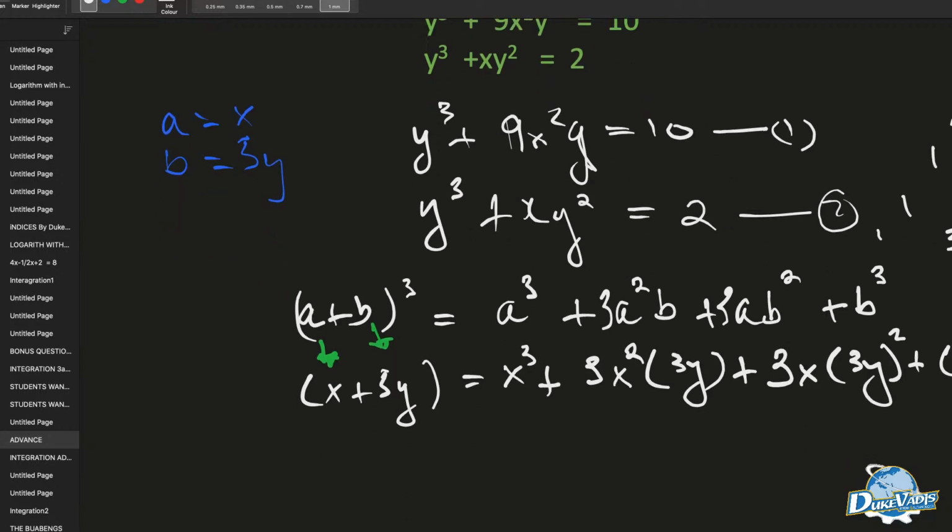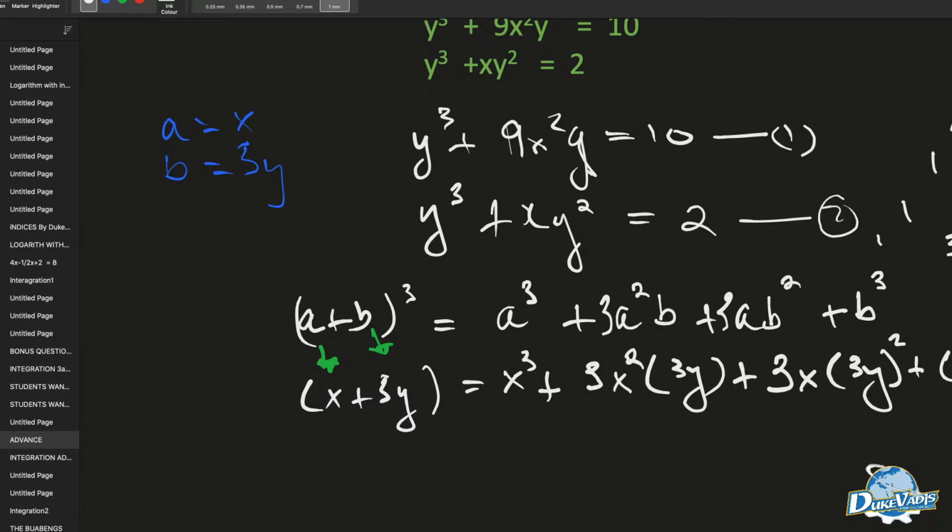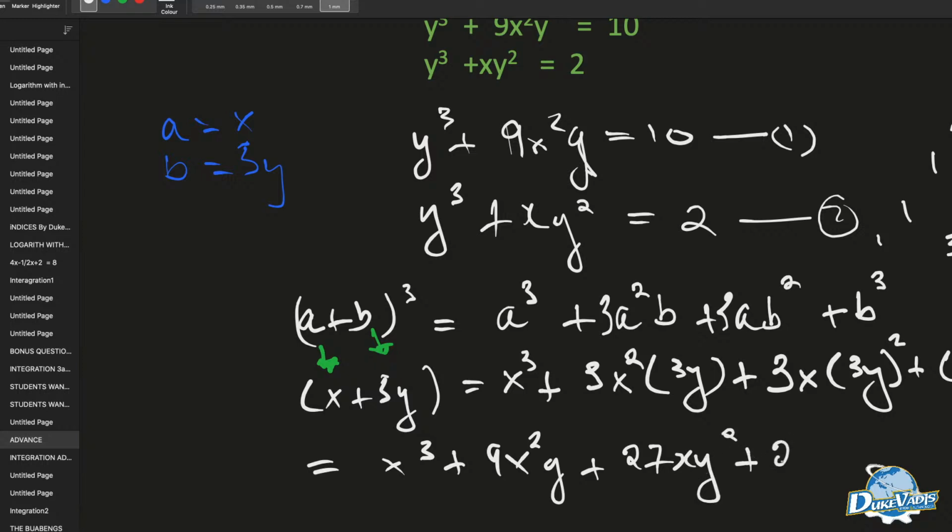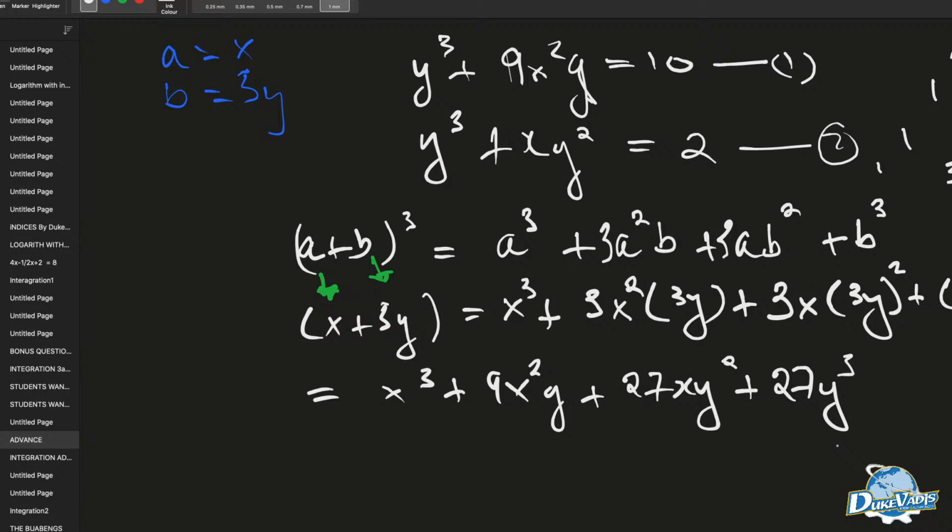Okay, so if we expand it further, our final answer will be x cubed plus 9x squared y, plus 27xy squared, plus 27 again, y cubed. Is it not beautiful? Fantastic.